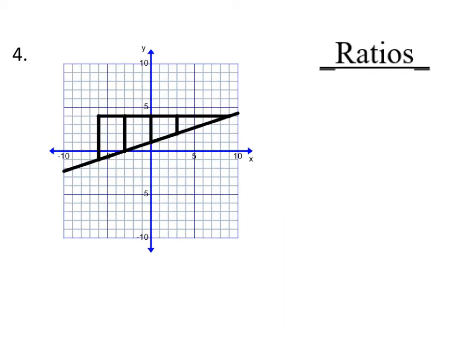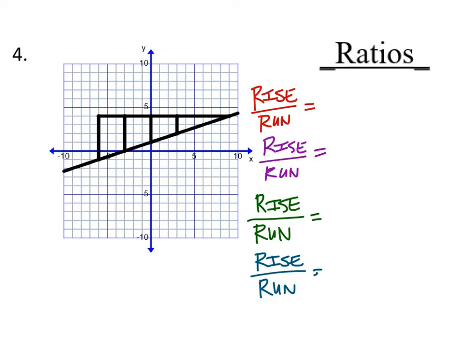Here's number 4. Three triangles on this one. Find the ratio of rise over run. And again, we'll start with the biggest one, which for me goes up and then to the right. So how far up does it go? We're starting with that intersection right there. It goes up 1, 2, 3, 4, 5. So that's a rise of up 5, positive 5 there.